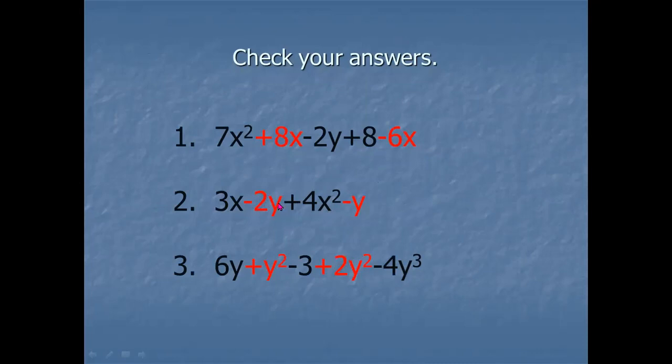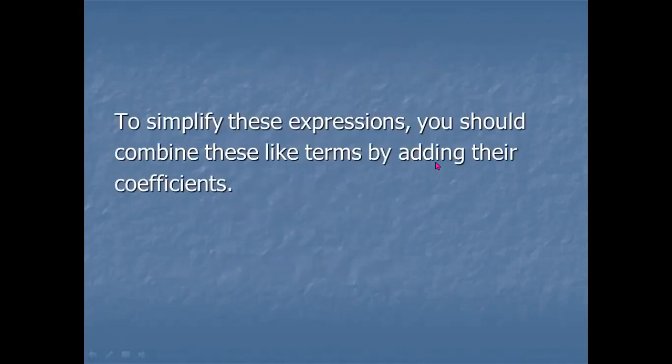Negative 2y and negative y, similar. And the answer for number 3, y squared and 2y squared are similar because the others do not have the same power. So that is just easier to understand.